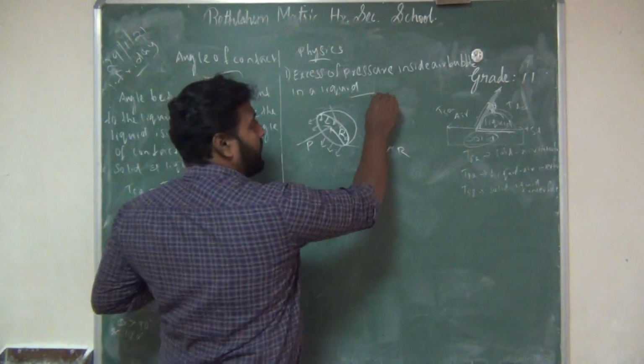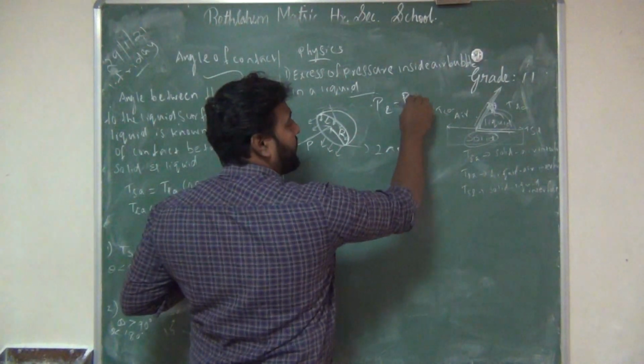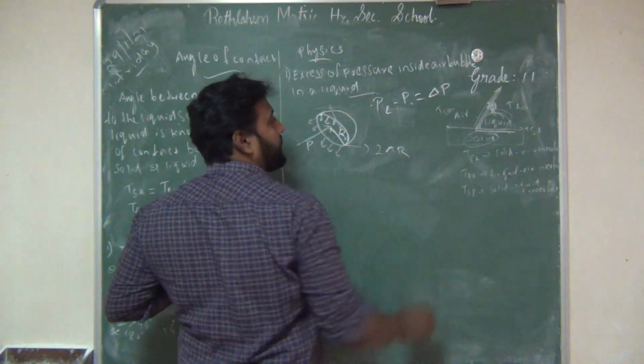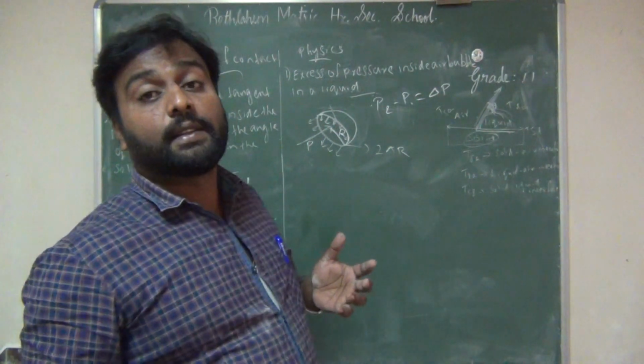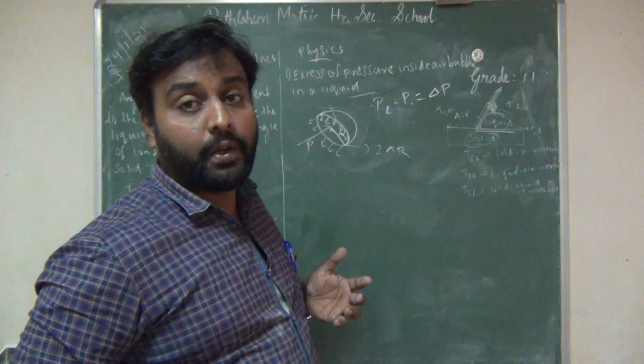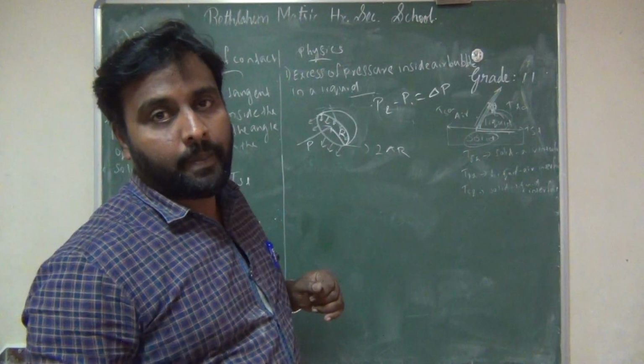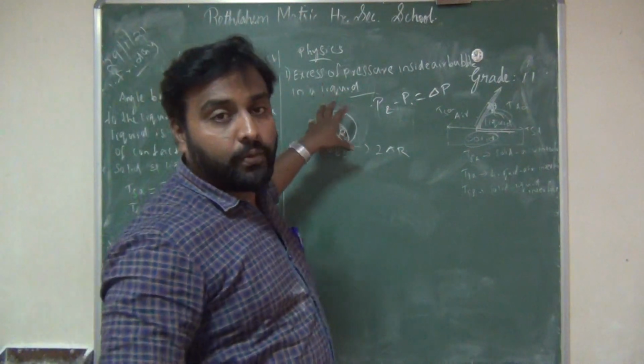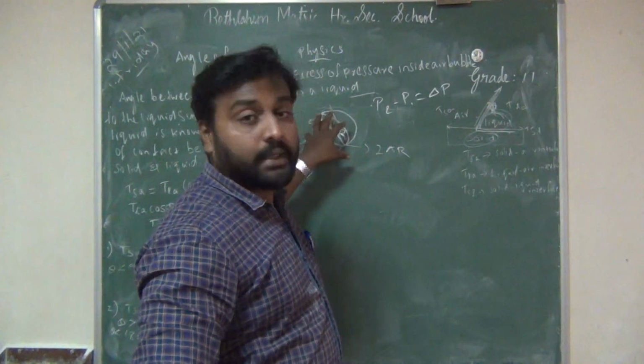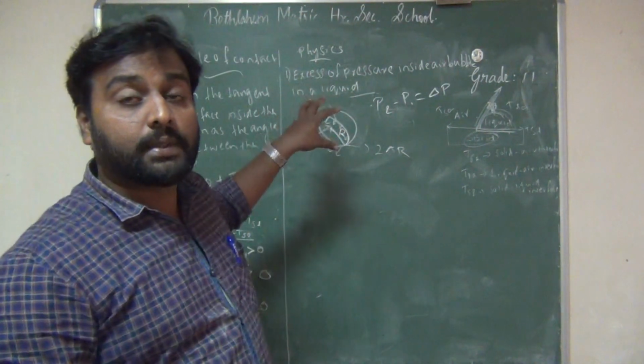We know that P2 minus P1 is delta P. There is a change in pressure inside and outside, P2 minus P1, we can write delta P. Now there are some forces producing this pressure inside as well as outside.